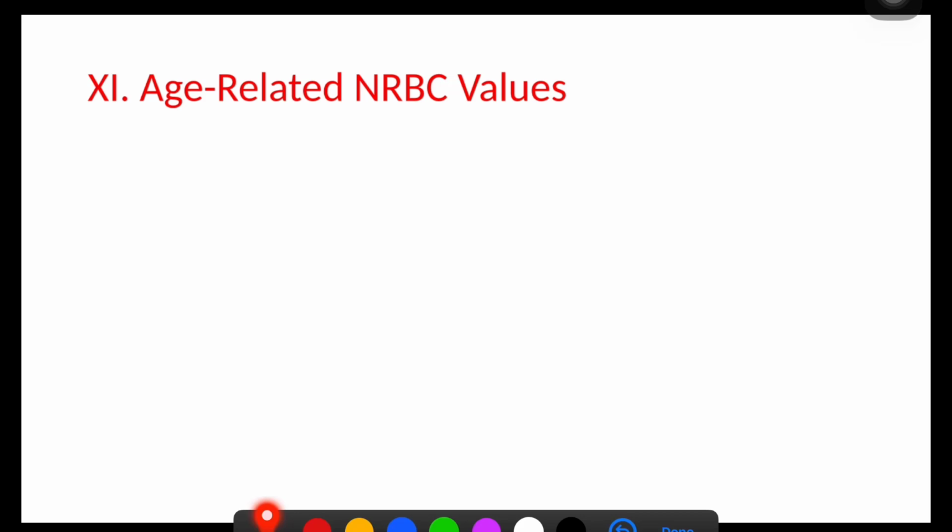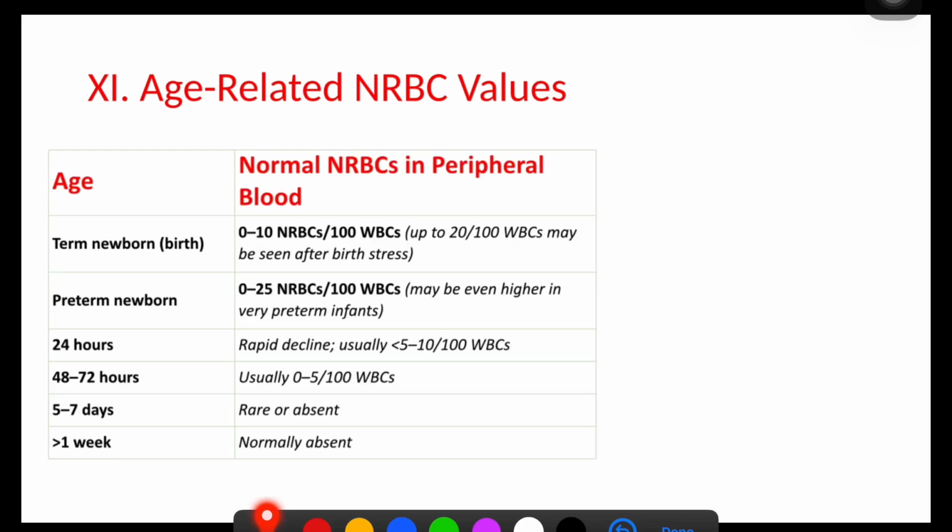Now the NRBC value. Whenever we see a peripheral smear, we must count the normoblasts per 100 WBC. In a term newborn on the day of birth, there are 0 to 10 NRBC per 100 WBC, but up to 20 per 100 WBC may be seen after birth stress.